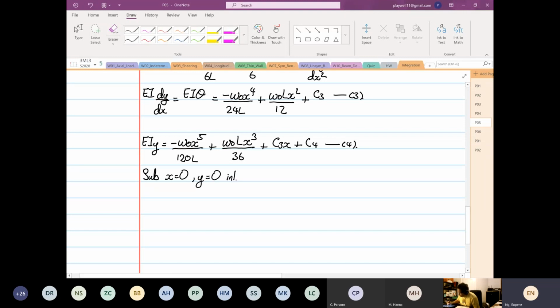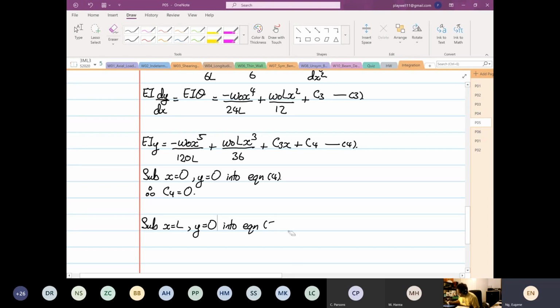What we realize is that C4 for this case is equal to 0. Then we can substitute x equal to L and y equal to 0 into equation number 4 again, knowing that C4 is equal to 0.